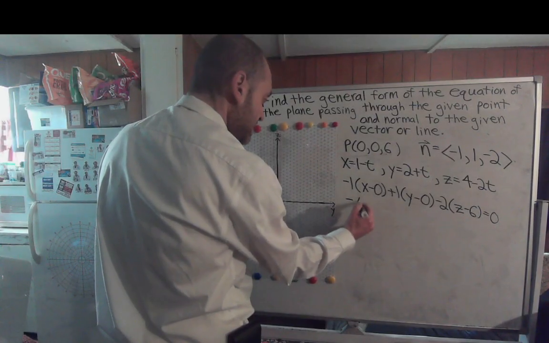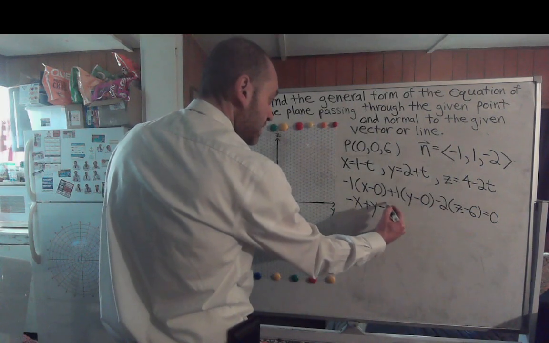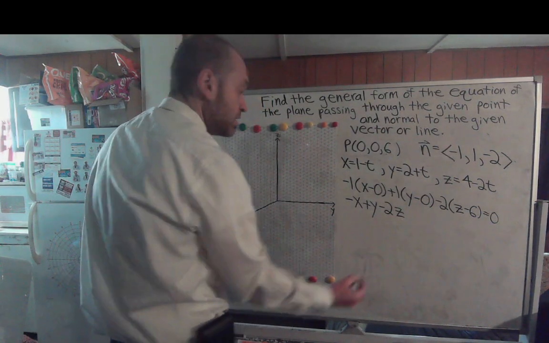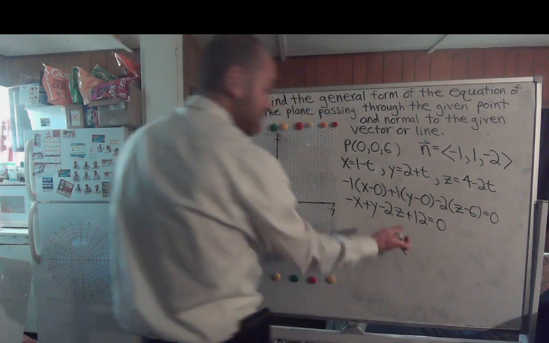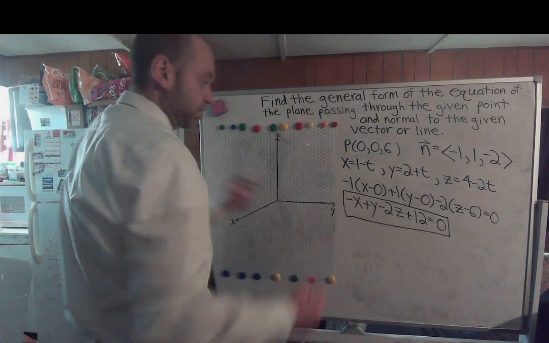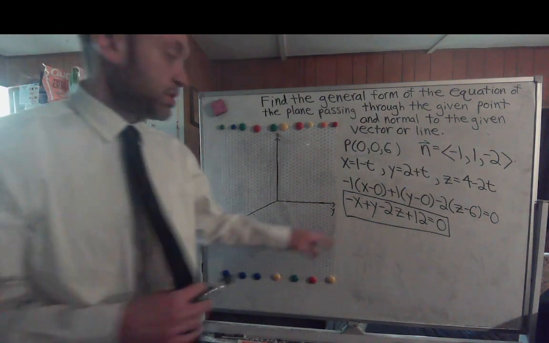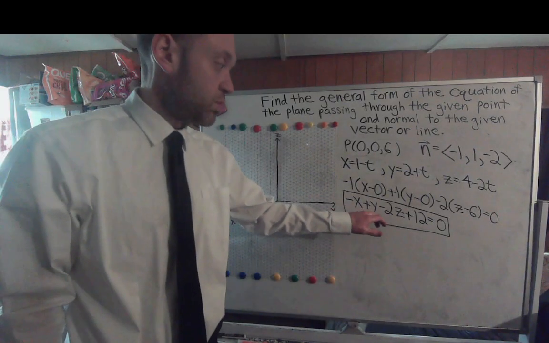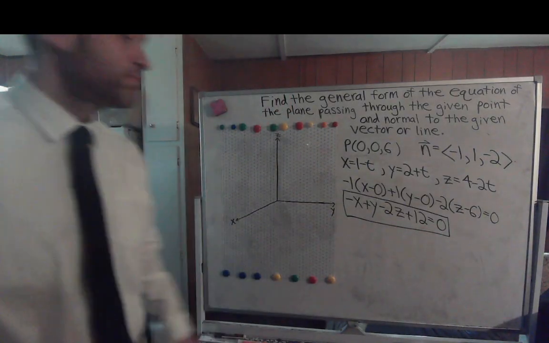You would end up getting -x plus y minus 2z plus 12 equals 0. And in fact, that's all you got to do. You don't even have to move any terms around. It's literally set up in standard form for you. So the equation of this plane should be -x plus y minus 2z plus 12 is equal to 0.